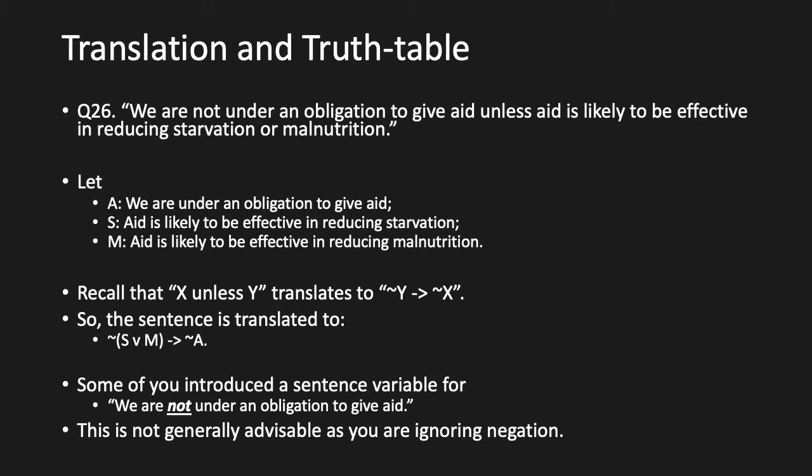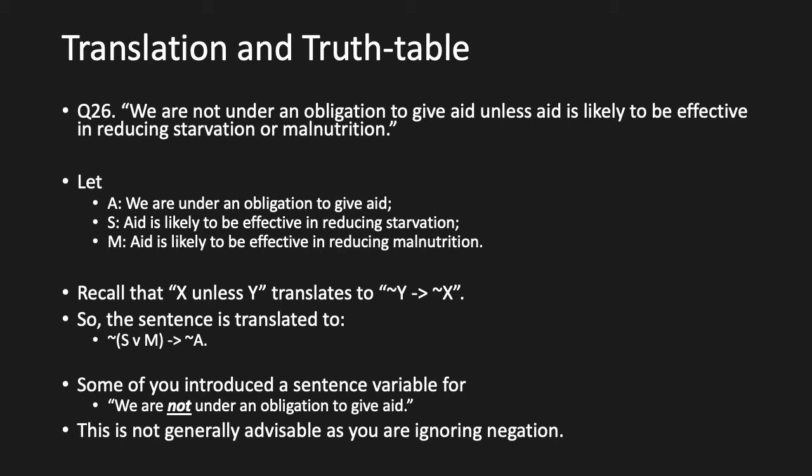So what you should do is to introduce a sentential variable for the sentence we're under obligation to give aid, and if you want to express we're not under obligation to give aid, then you should negate the sentence we're under obligation to give aid. So we're not under obligation to give aid is represented by not A. That's generally what you should do.